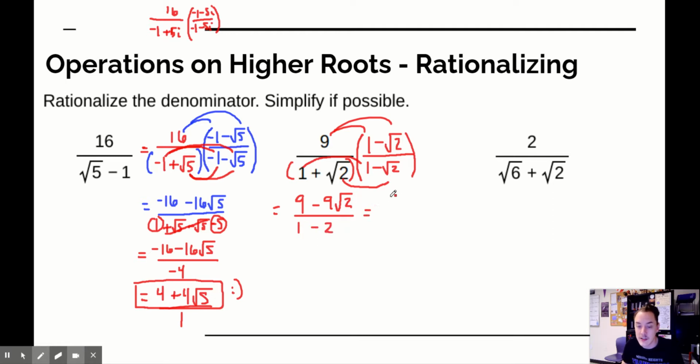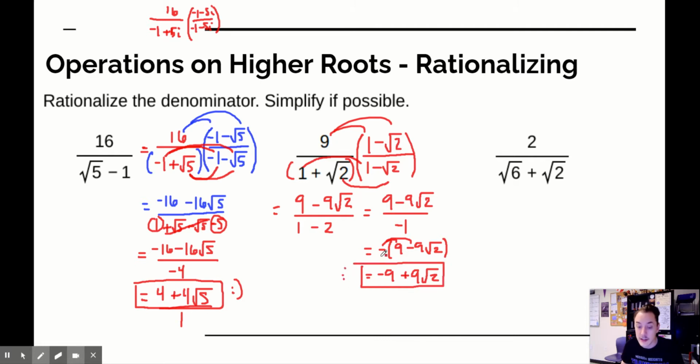This simplifies down to 9 minus 9 times radical 2 all over negative 1, which simplifies down to negative the quantity 9 minus 9 times radical 2. And then of course we'll want to distribute that negative through. So this is negative 9 plus 9 radical 2. This is my final answer.